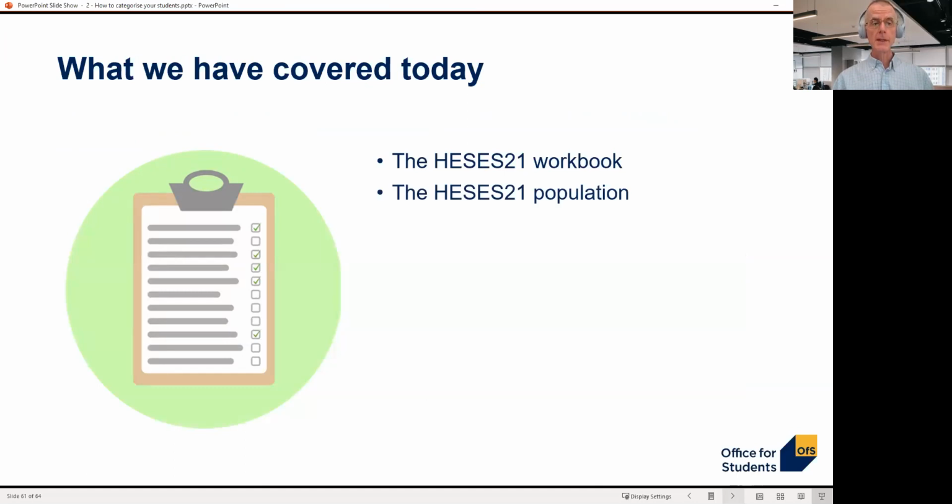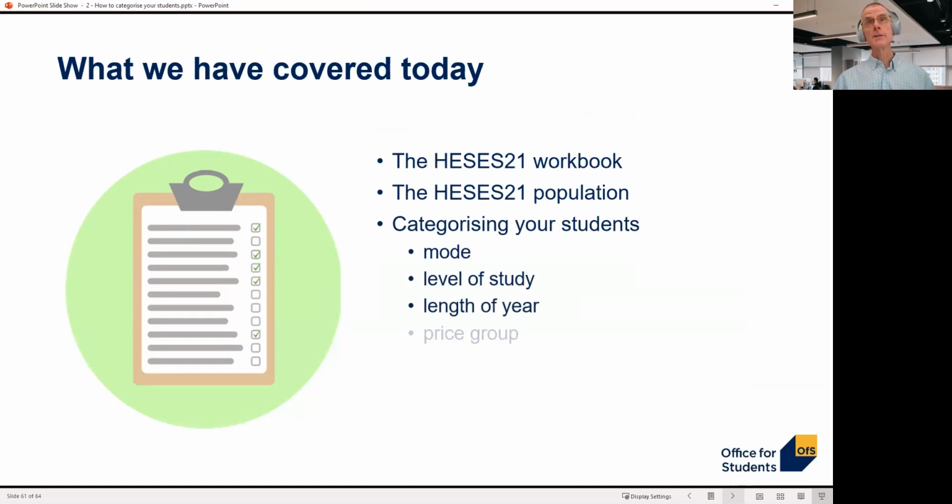We talked about the HESES21 population, how it's defined, and most of the session we spent on looking at the different categories that we have for the count: mode, level of study, length of year, price group, fundability status, domicile, and new entrants, as I say, not in any particular order. With some of these, we've had to just give you a quick view, because some of them will need quite a deep dive, but I hope that you've had something at least from today that will give you a flavor of what is needed.